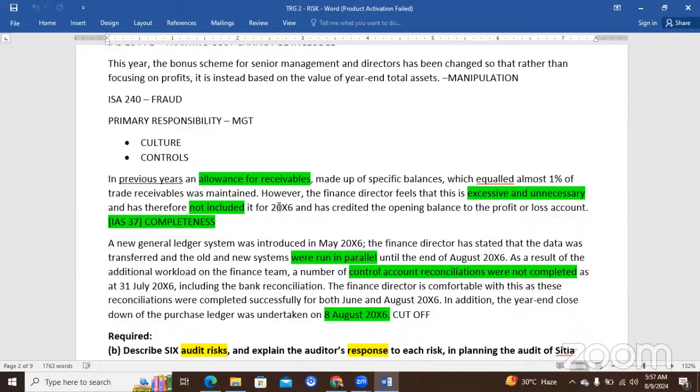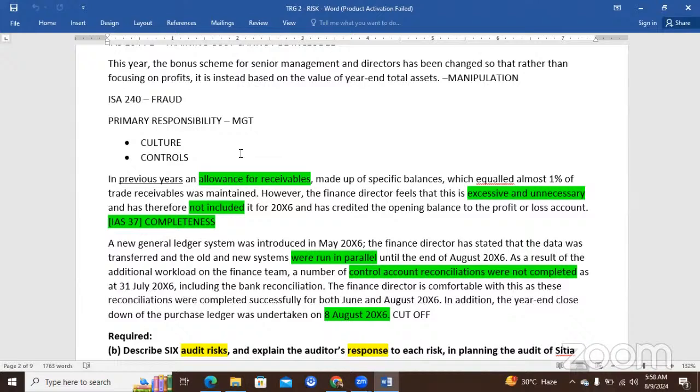Actually, they are introducing a bonus based on the asset. So assets include current assets and non-current assets. Non-current assets they are trying to boost in different ways, and current assets also. How to overstate current assets, especially receivables? By not charging allowance for receivable. If we charge allowance for receivable, our net receivable will be reduced.